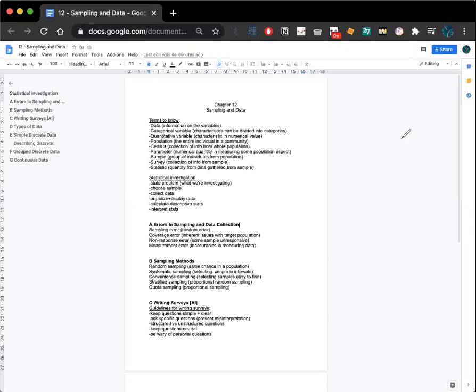Okay. So some of the general terms that you should be knowing about sampling and data are some of the most basic terms, like data. So data is information on the variables.